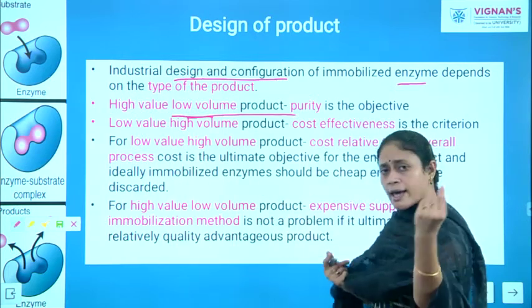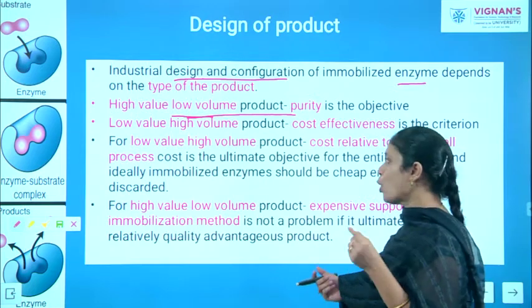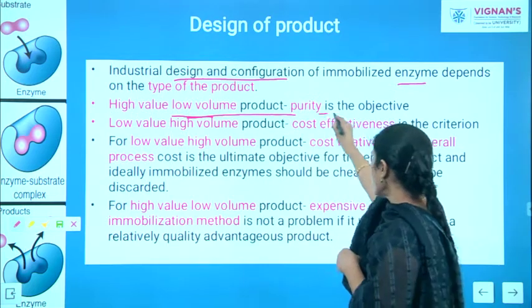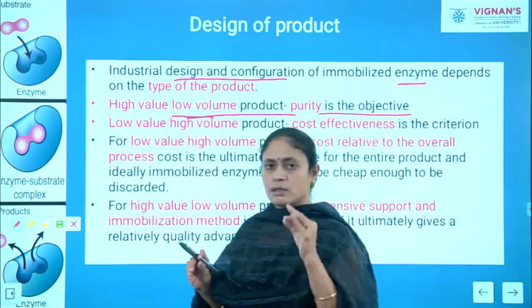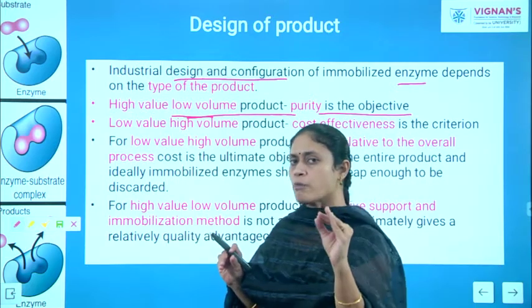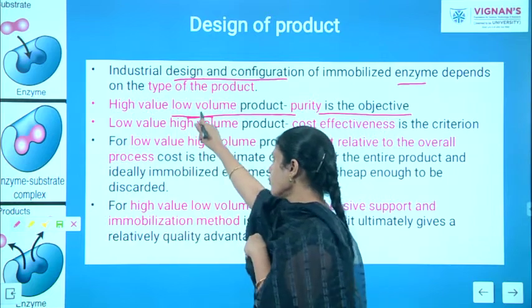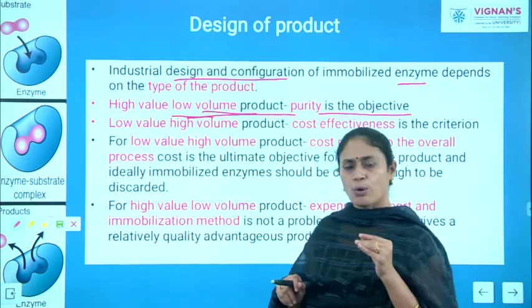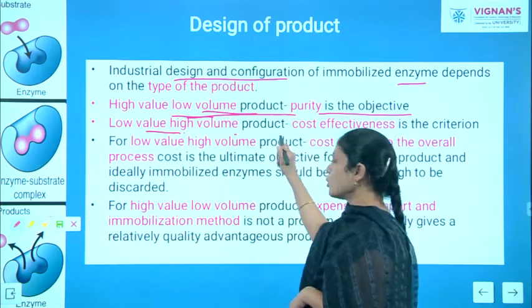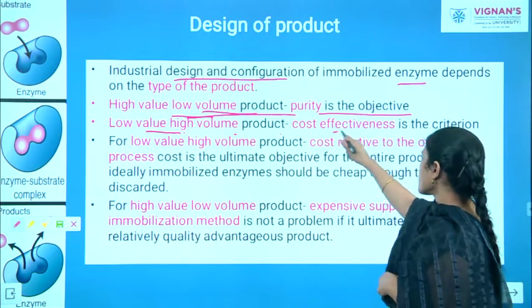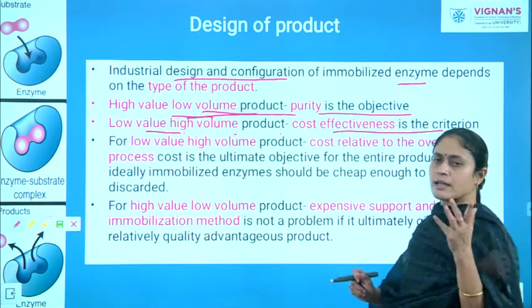In the case of high value, low volume products, purity is the objective, because as I told you, purity is very important in this case. For low value, high volume products, cost effectiveness is the criterion.